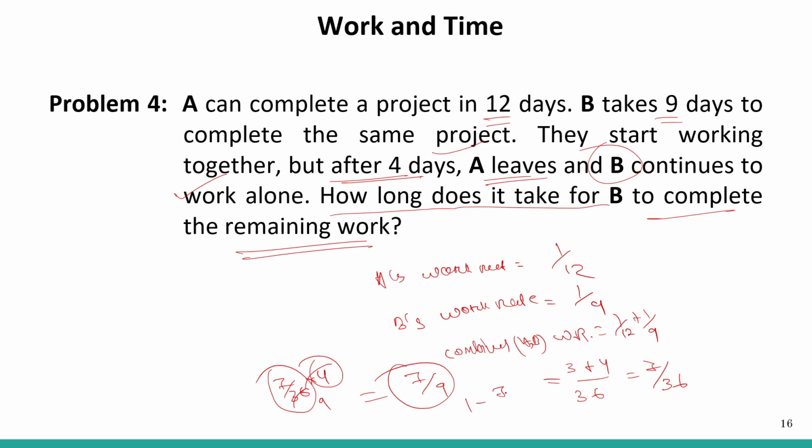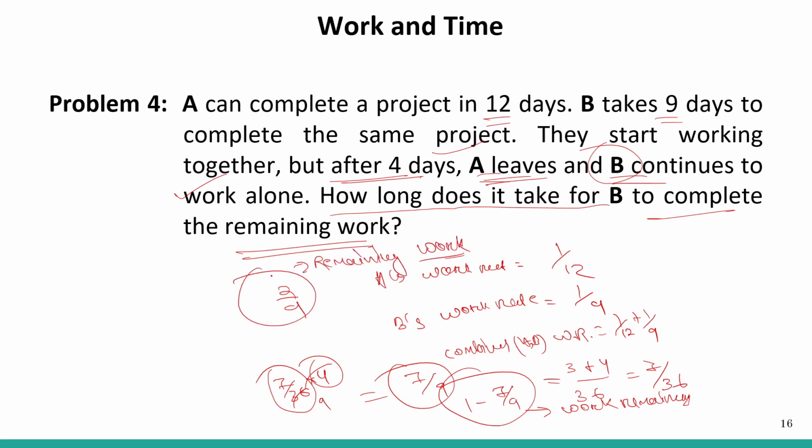So 1 minus 7 by 9 is equal to the amount of work remaining that B will continue to do after A leaves. So this is nothing but 2 by 9, the remaining work. Let's solve for how much time B will take to complete the remaining work.